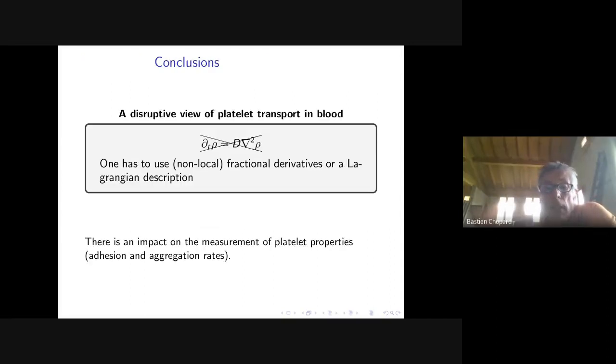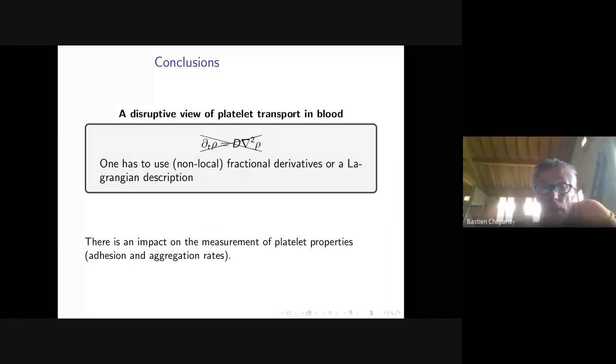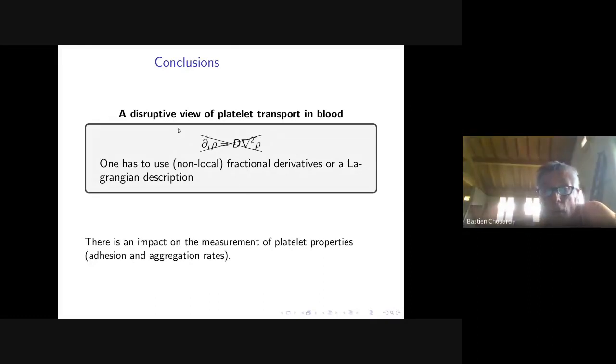So as a conclusion, I think we are bringing here a very disruptive view of how platelets move in the blood, in the sense that this diffusion equation that you would like to use is not valid anymore. And if you still want a macroscopic description of the platelet, you need to go to this fractional derivative, which is a non-local system. It's a difficult mathematical object.